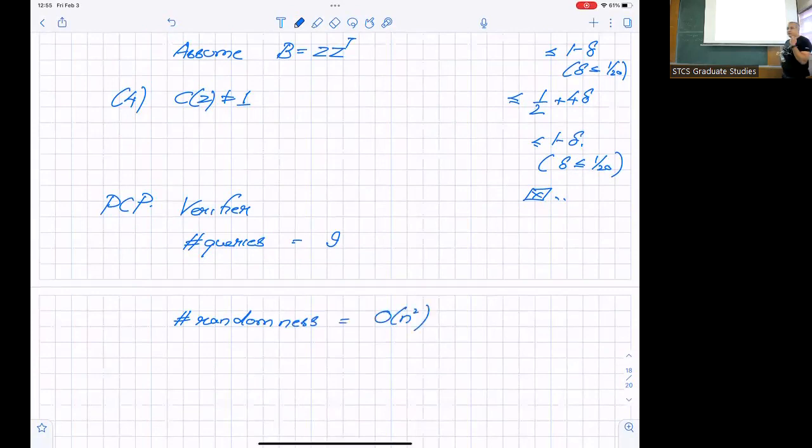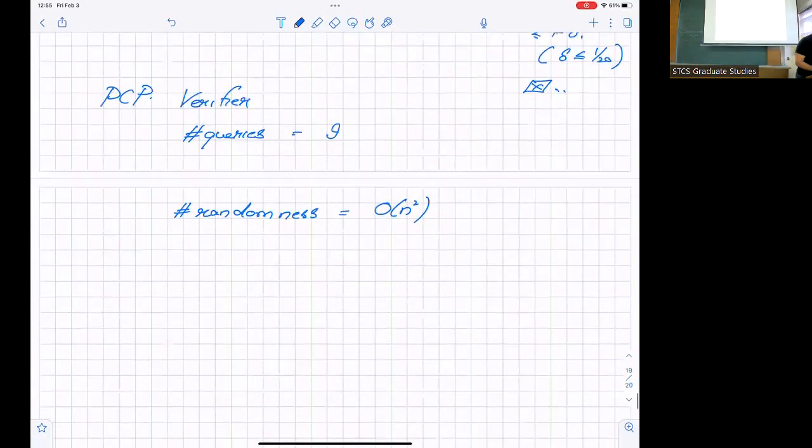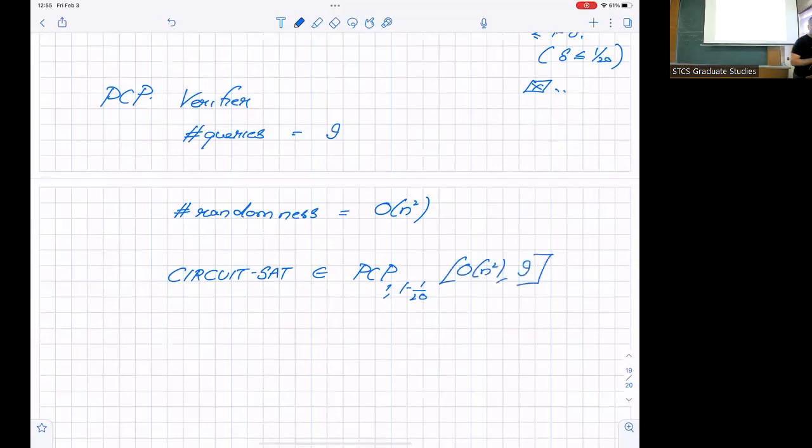And in the yes case, you accept with probability 1. In the no case, you accept with probability at most 1 minus 1/20. Therefore, this is a proof of the fact that circuit SAT is in PCP 1 minus 1/20, order n squared, 9.